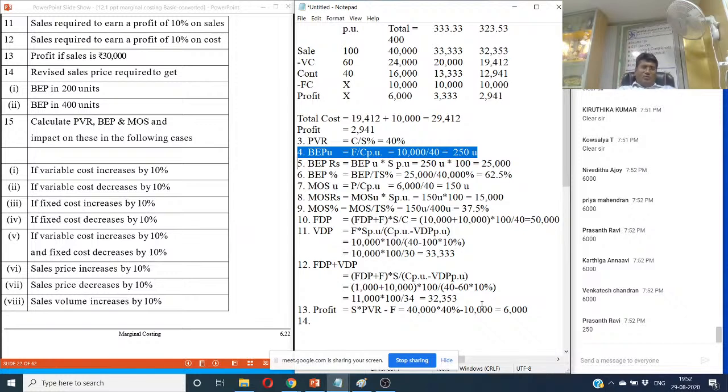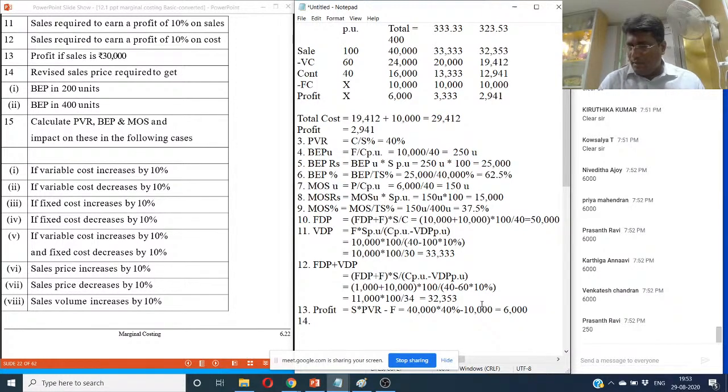Now in question number 14, we have to attain the BEP in 200 units itself. Subdivision 1: what is the revised sales price required to get it?